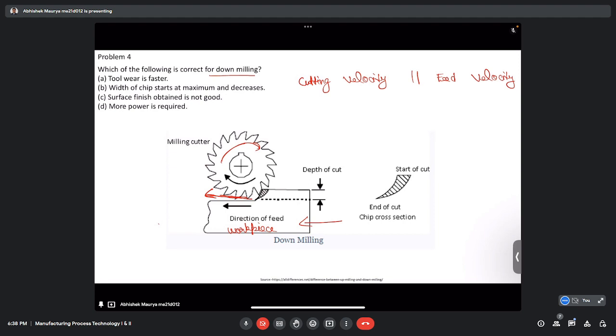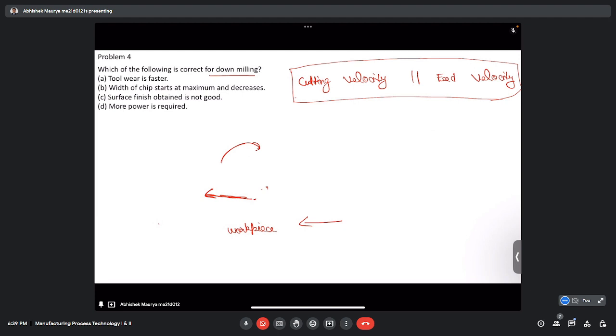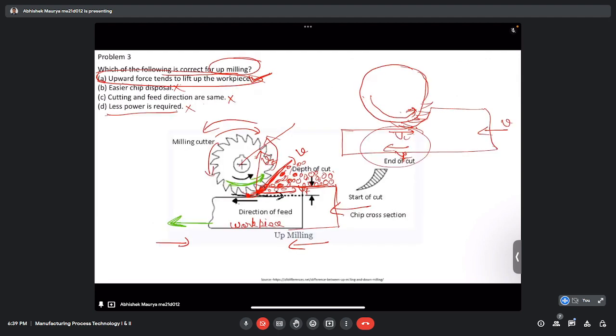This is the difference between down milling and up milling. Because of this condition, cutting velocity is parallel to the feed velocity, what things are going to happen? We can see here the tooth is going to engage at this point, and finally it is leaving somewhere here. If you recall the earlier case, our tooth was engaging at this point and it was leaving somewhere here.